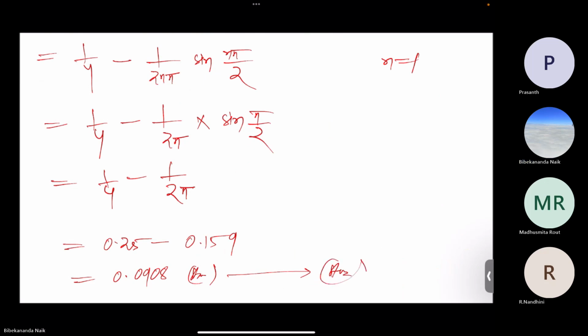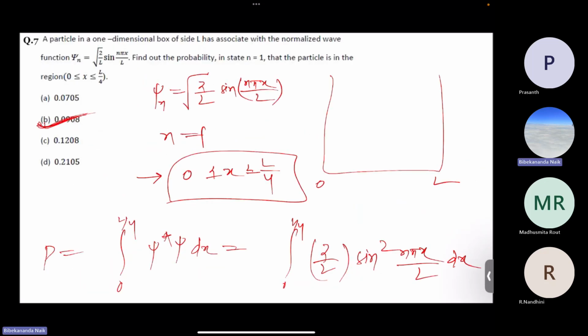So is this clear to you? The question says the particle is in a one-dimensional potential box. The normalized wave function has the form 2 by L sine n pi x by L. What will be the probability of finding the particle between 0 to L by 4?